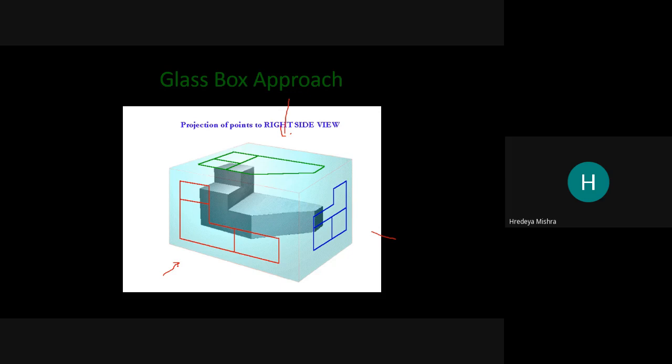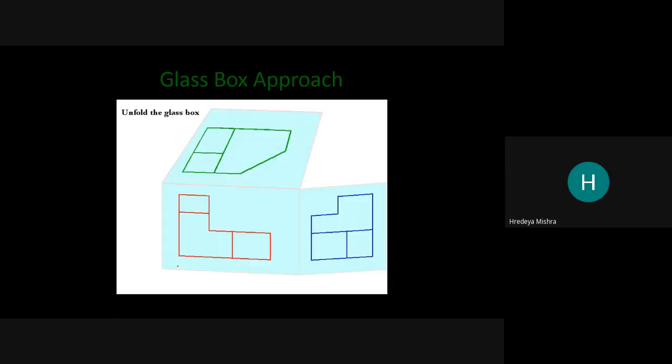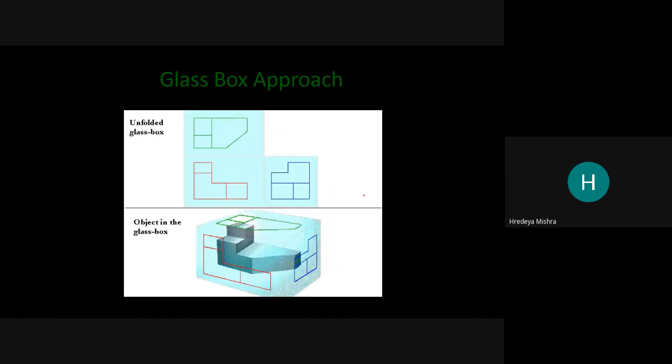So we get the exact front, top, and side view. So here, now unfold the glass box like this. See, unfold the glass box, and this is the object in the glass box. So what happened? We get the top, front, and side view. This is about the glass box approach.